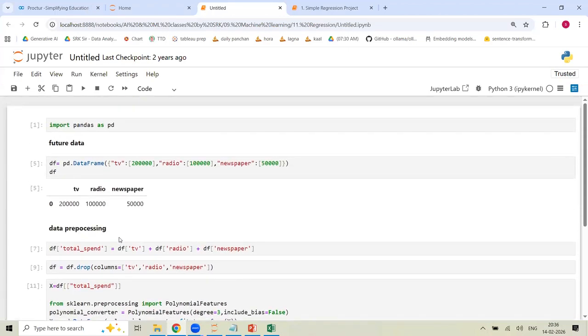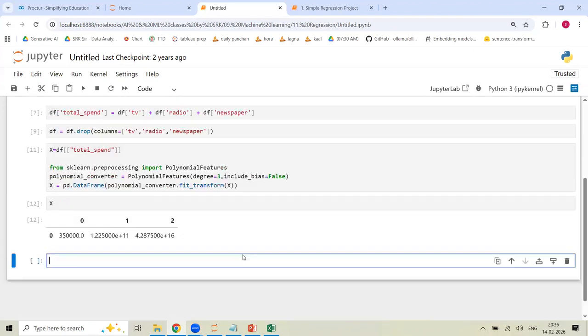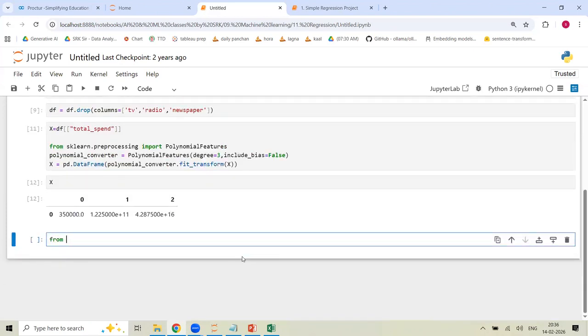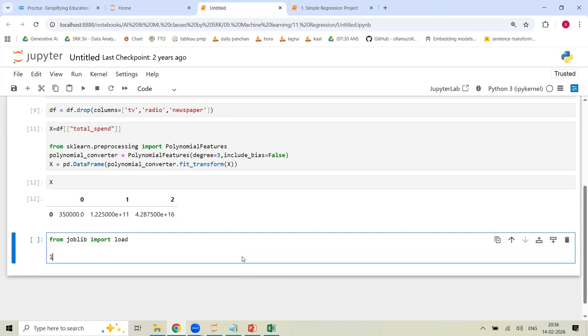Now, which is the model? What is my model name? NLR model. Where have I saved that one? srk.project. Now I am going to import that from joblib. I am going to import load. In the load, I am going to load the srk project dot joblib.